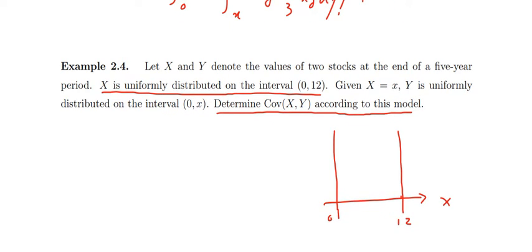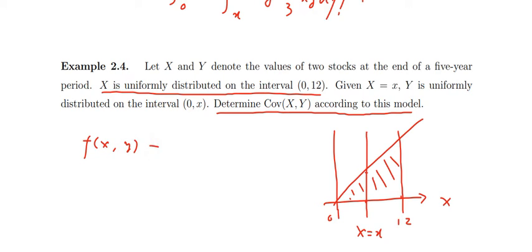Given X equals x, suppose this line x equals x, y is uniformly distributed on the interval from 0 to x. So we know this region is just like this part. So f(x,y), the density function, is uniform, constant on this triangle region.